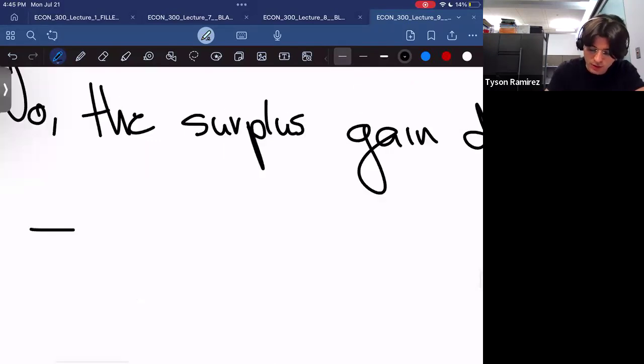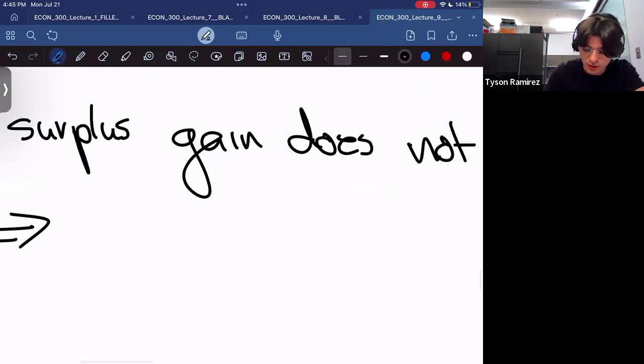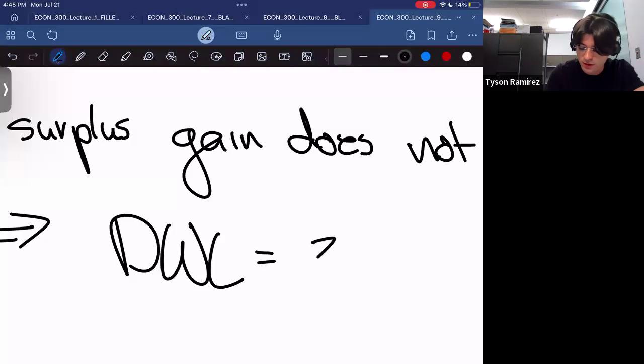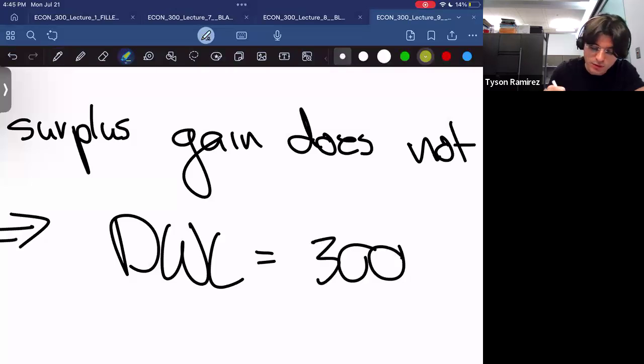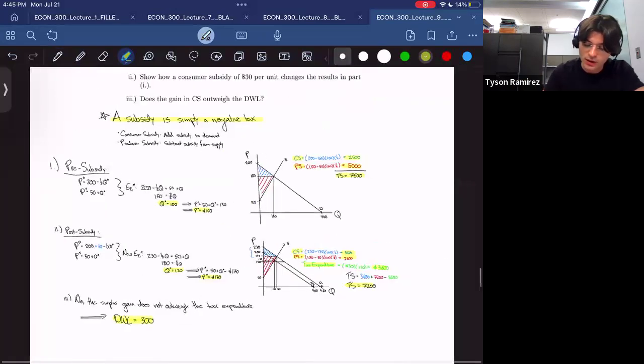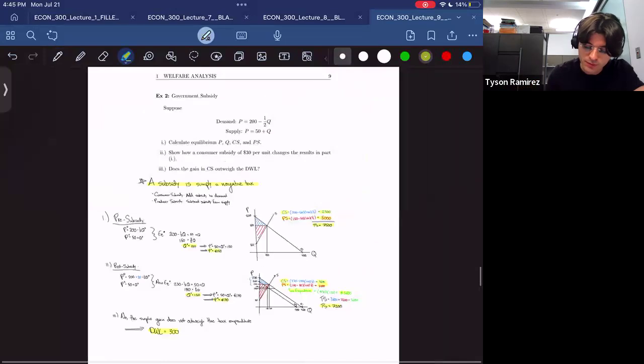And because of this deadweight loss, the loss of surplus is equal to 300. And that's how we would answer a subsidy question.